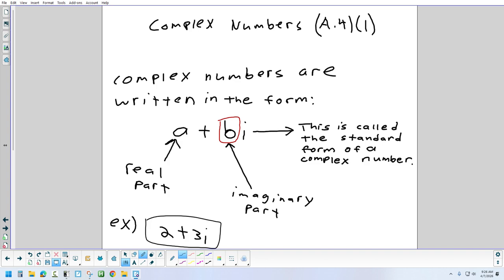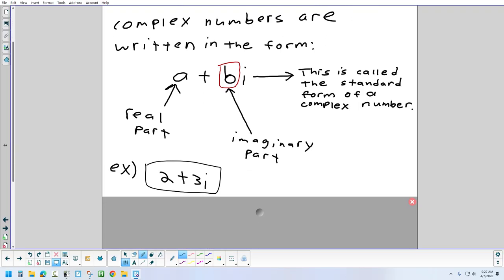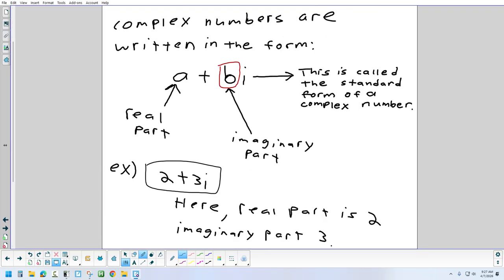Could you write 3i plus 2? Well, technically, yeah, that's the same thing, but it's not standard form. So in the example that I wrote down, 2 is the real part, 3 is the imaginary part.